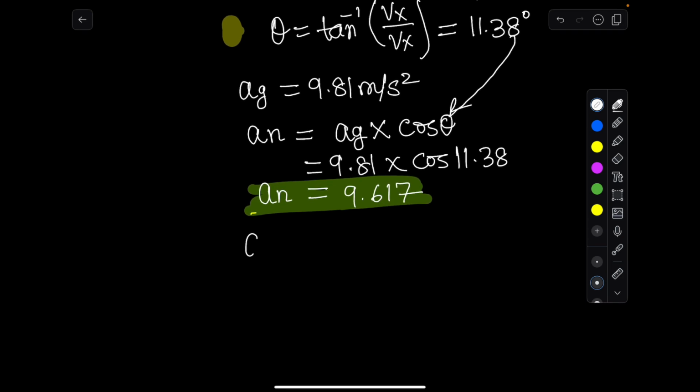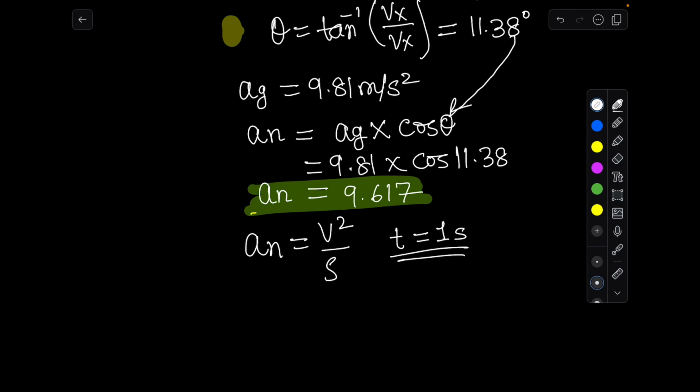We know that AN is equal to V square upon rho. And not to forget that we are solving for time at 1 second. We have already calculated the value for velocity, and we have the value for AN now, so we can find the radius of curvature when the ball reaches time 1 second.